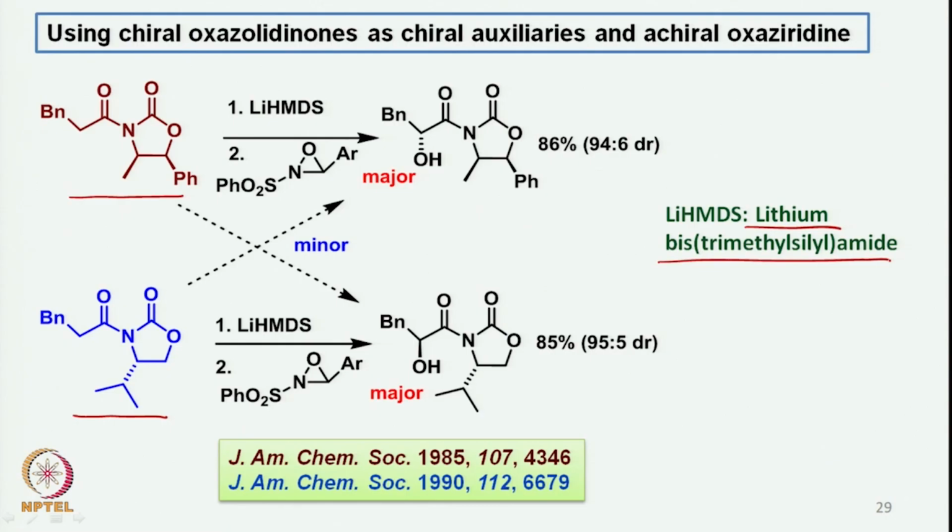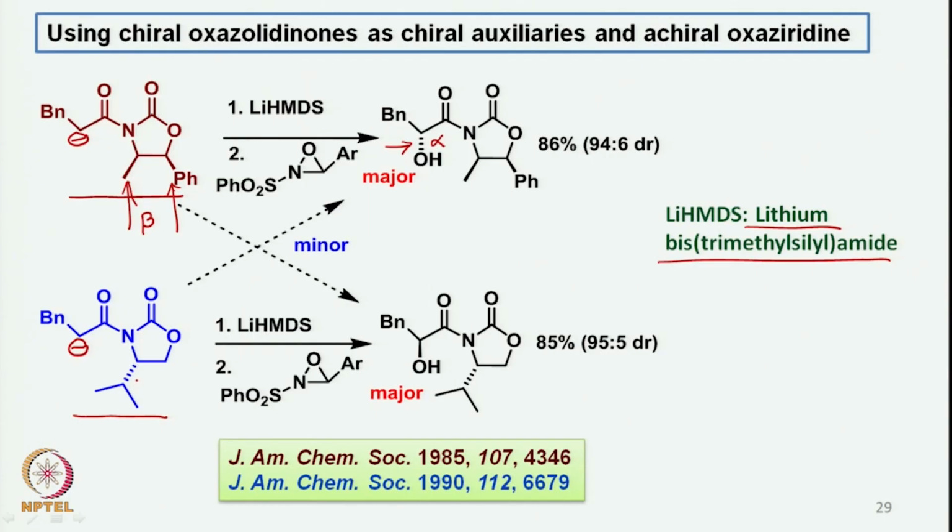You can also use lithium, and you can deprotonate here, and once the deprotonation is done, then of course the corresponding enolate reacts. Now since these two groups here are beta oriented, therefore the hydroxy group comes from the alpha side.